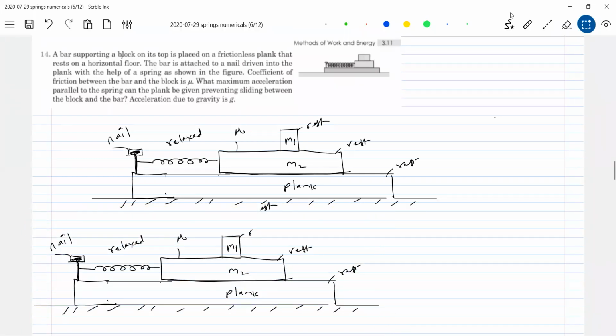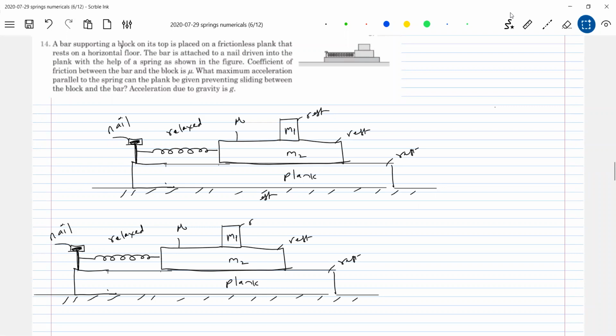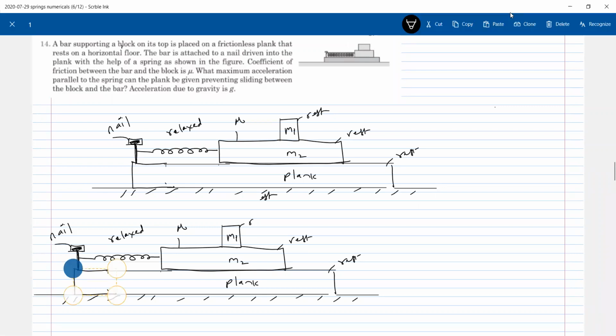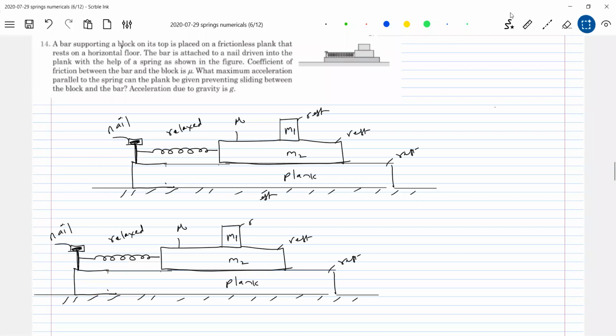Now as I start moving it, let the acceleration of the plank be A. I'll write it. So this is the acceleration of the plank. This is what we are supposed to find out here. What maximum acceleration parallel to the spring can the plank be given, preventing sliding between the block and the bar?